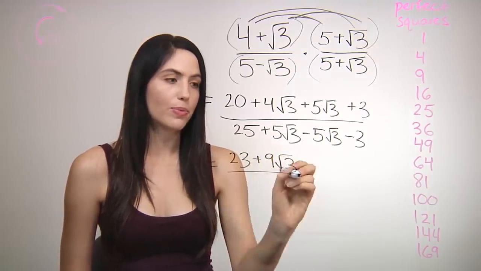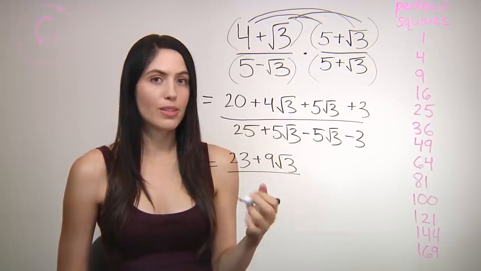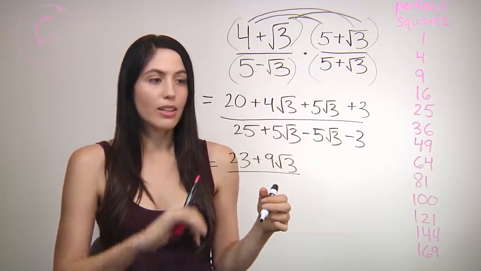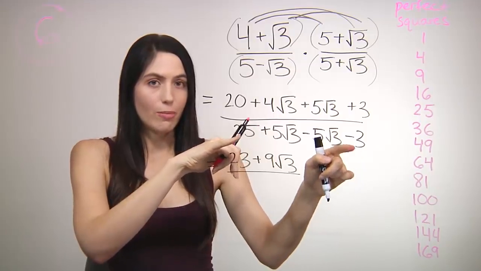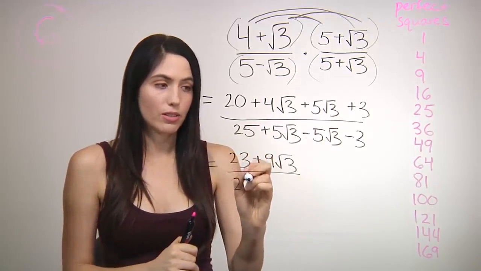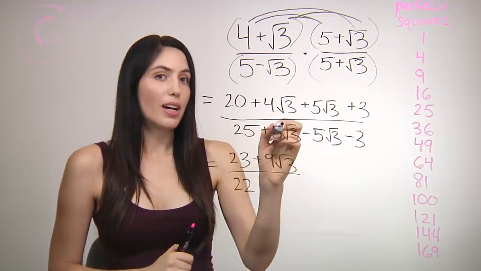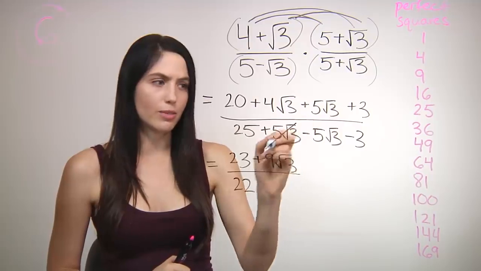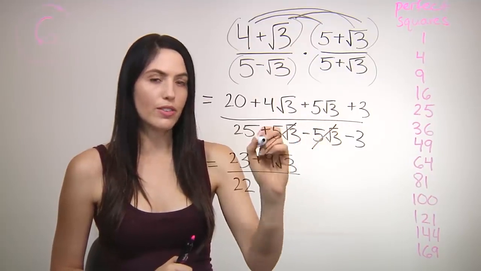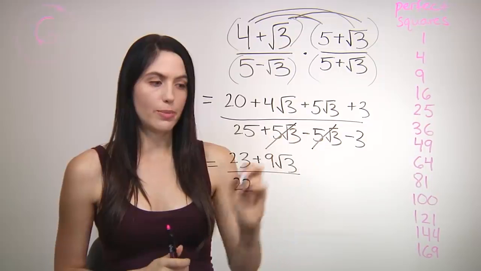Now the bottom. Combine like terms, cancel when you can. 25 and negative 3 is 25 minus 3, so you have 22. Positive 5 root 3 and negative 5 root 3 just cancel. So you have nothing from those terms.